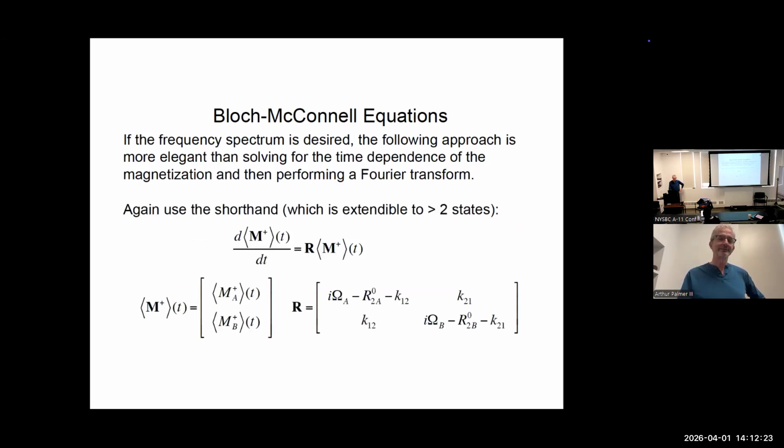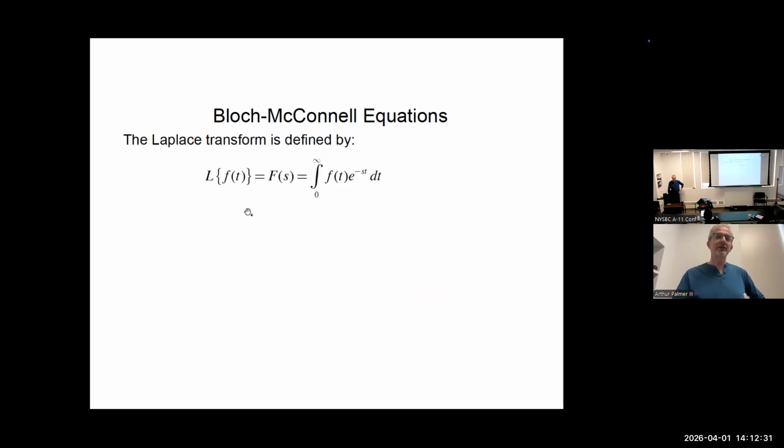So here's the equation, and I put some symbols in it. And there's something called the Laplace transform. We use the Fourier transform a lot. Here's the Laplace transform. It's the integral from 0 to infinity of our function times the decaying exponential. For the Fourier transform, this was a complex exponential.